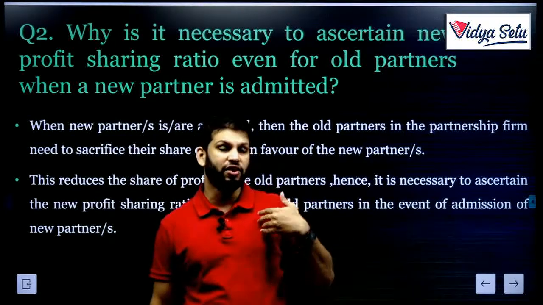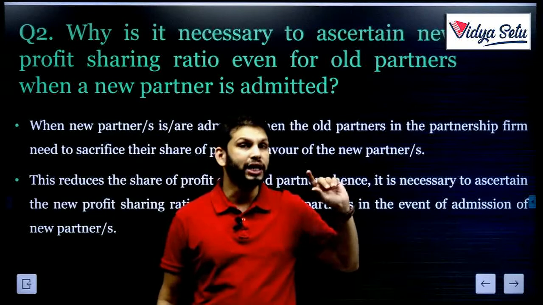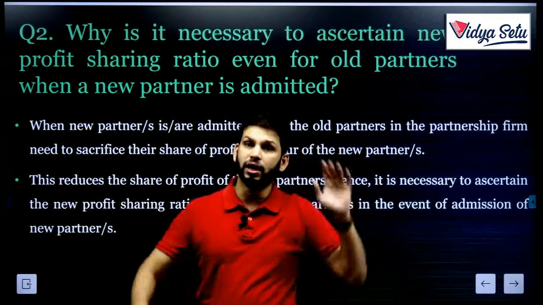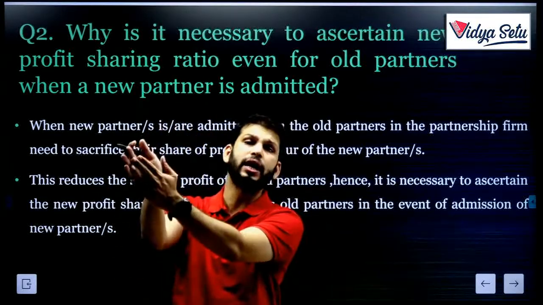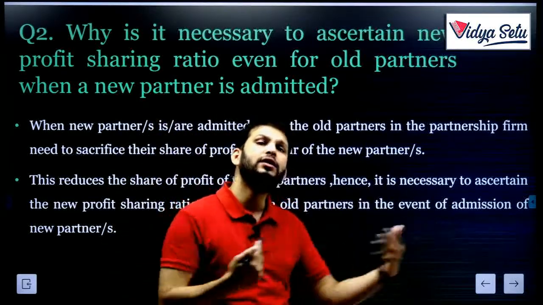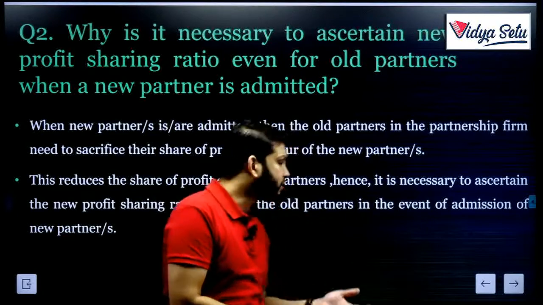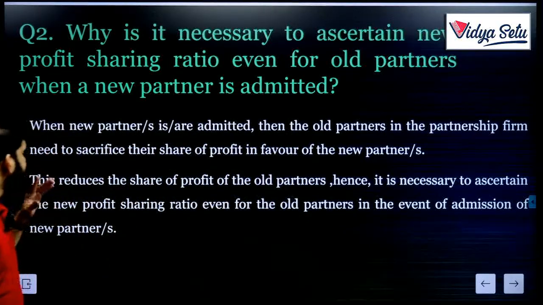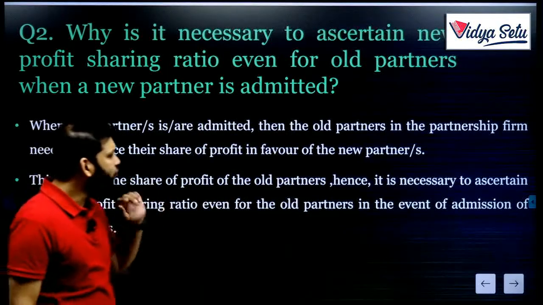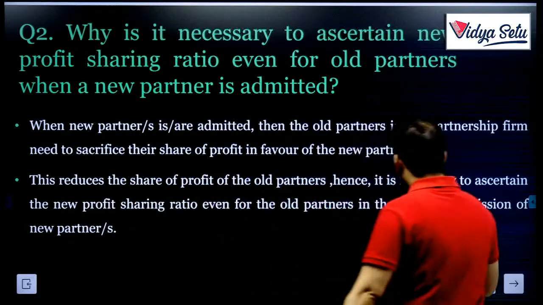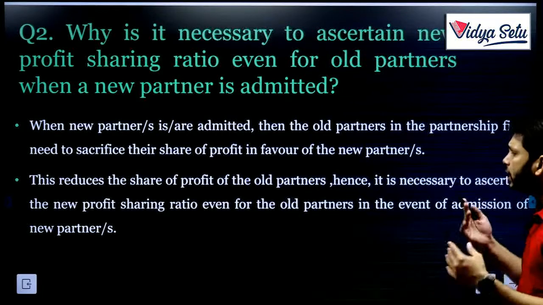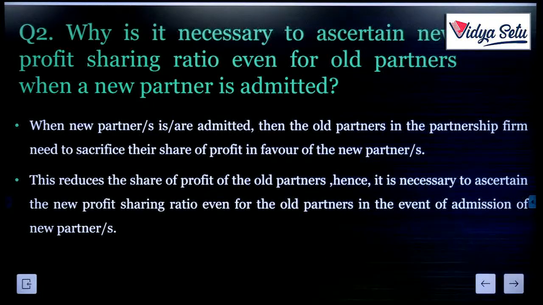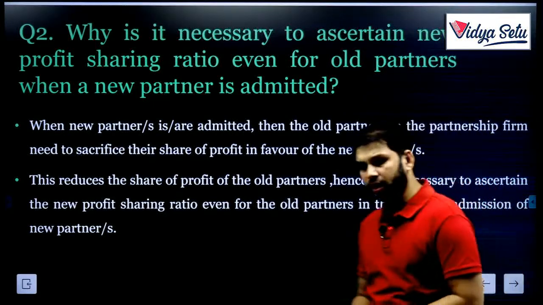I will sacrifice, and my other friend will sacrifice, in favor of the new friend. The new friend who is coming in is the gaining partner, and we are the sacrificing partners. This reduces the share of profit of the old partners. Hence it is necessary to ascertain the new profit sharing ratio even for the old partners in the event of admission of a new partner.